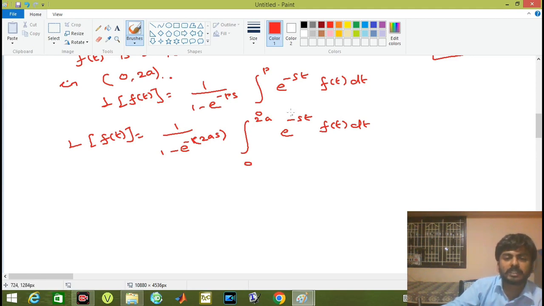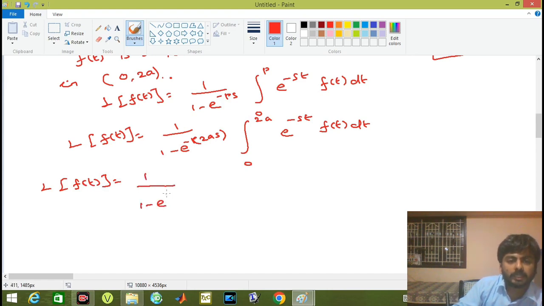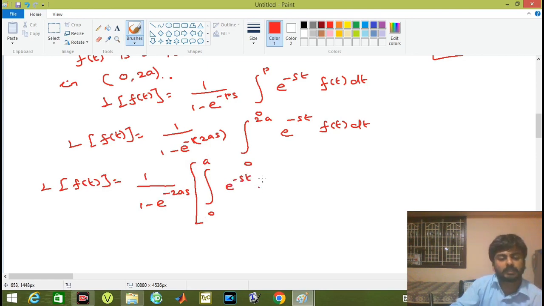Now this interval can be split into two. So you will have L of f of t equal to 1 by 1 minus e power minus 2as into integral 0 to a, e power of minus st into, what is f of t?